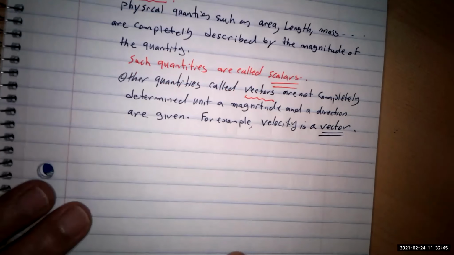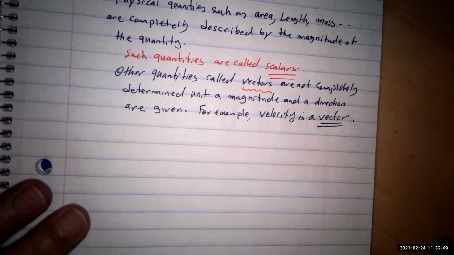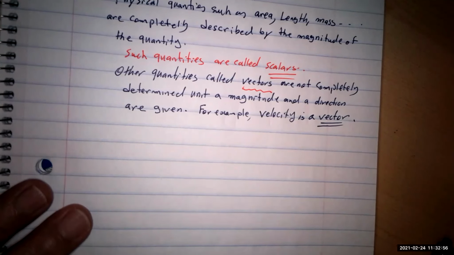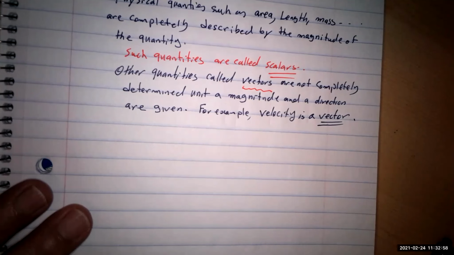For a vector, we need a direction and we need a measurement. When we talk about the wind, we say 20 miles per hour, northeast, southwest. So you give us the direction.